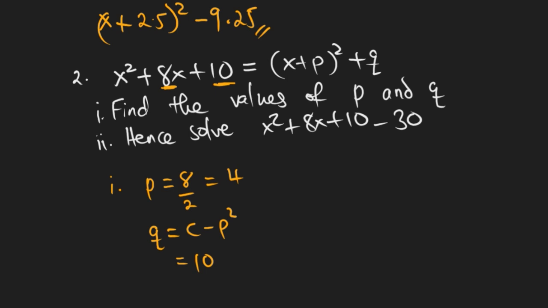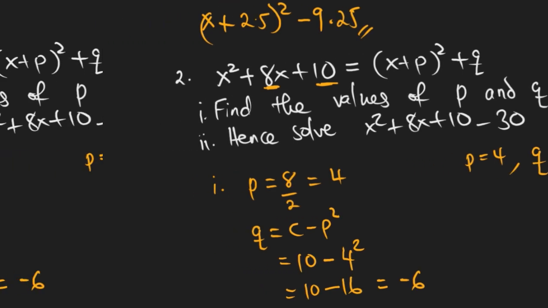So that gives us 10 minus 4 squared. So this is 10 minus 16, and that is equal to negative 6.